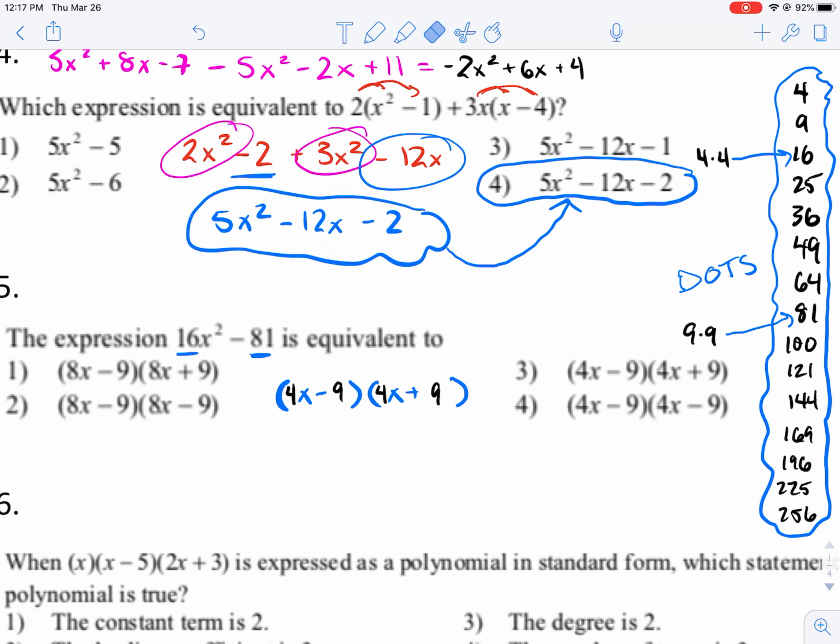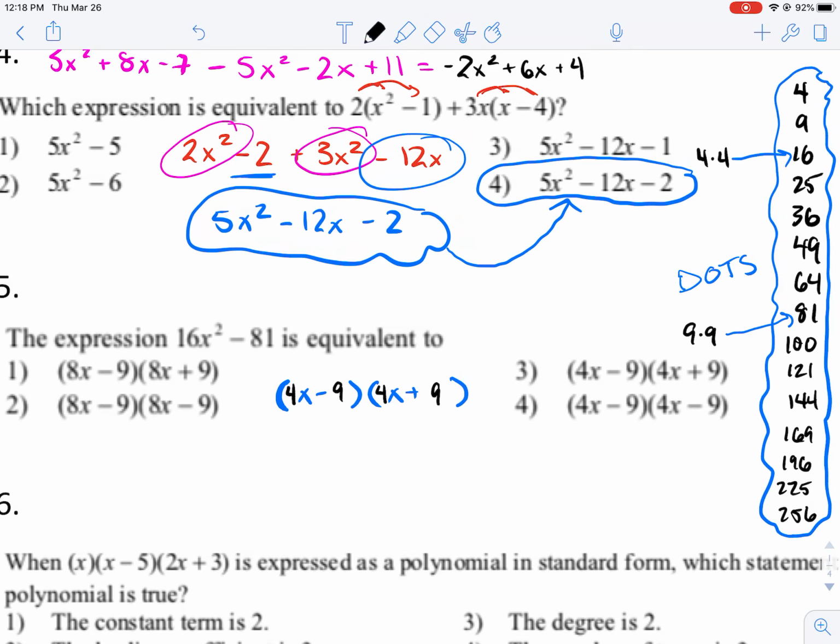If you're wondering how you know it's a difference of two squares problem: these are two perfect squares, and the key is this subtraction sign. If that was a plus in there, we couldn't do anything. We wouldn't even be able to take out a GCF.